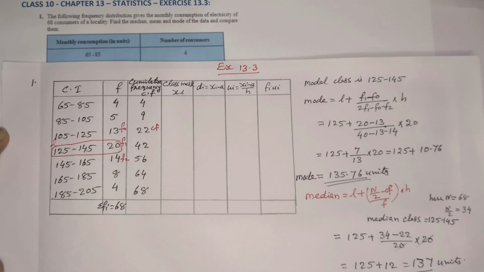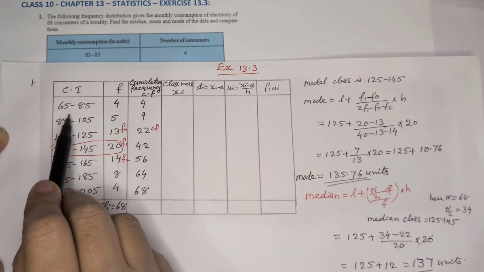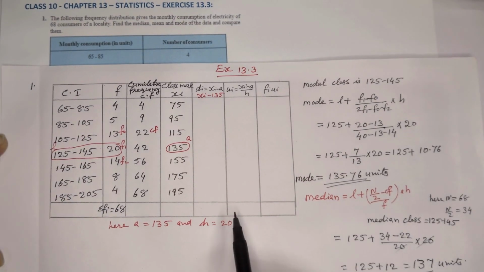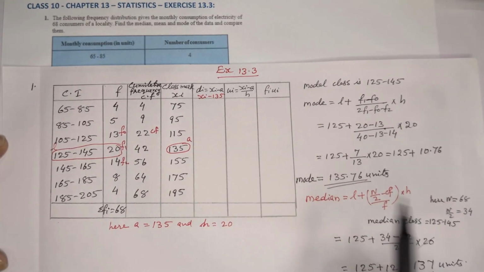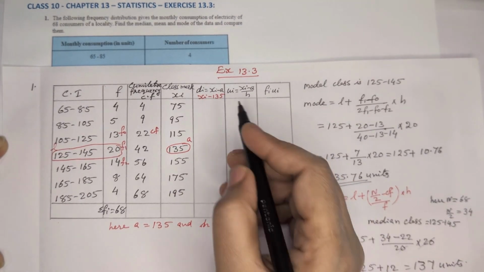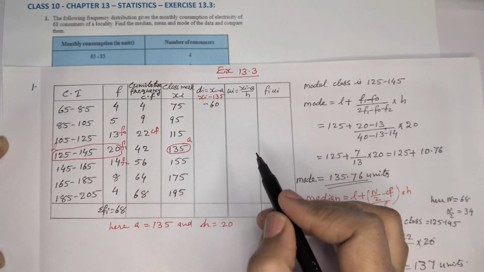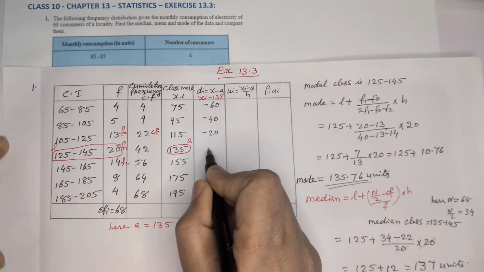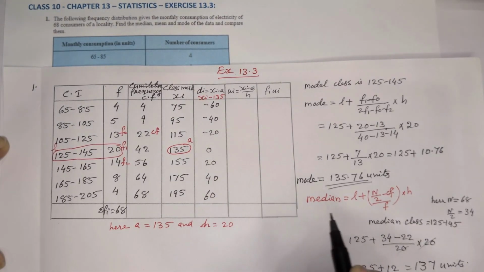Now for the mean. First we have to write the HI, that means midpoint. 65 plus 85 divided by 2. Here we can take 135, the middle value, that is A, assumed mean, and HI minus 135. 75 minus 135, that is minus 60. 95 minus 135 is minus 40, minus 20, 0, 20, 40, 60.